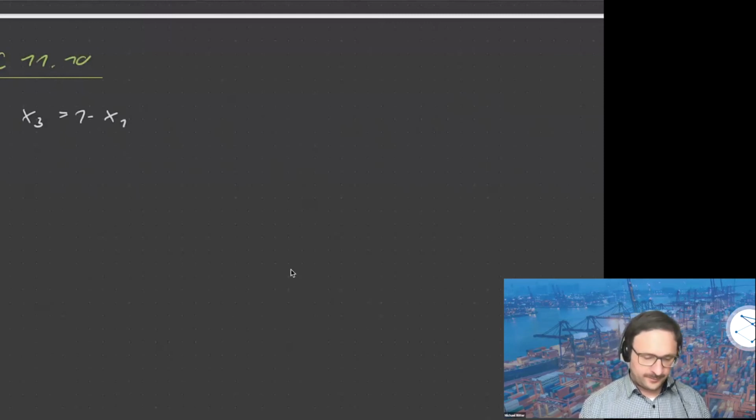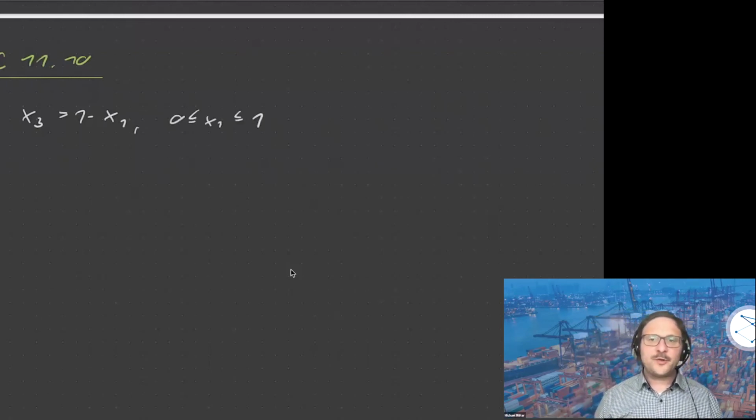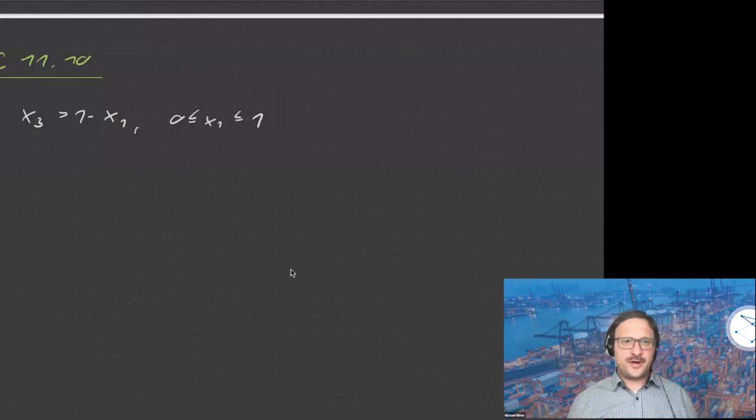So the problem statement says, consider the curve given by x3 equals 1 minus x1 for x1 between 0 and 1. And then compute the volume of the three-dimensional body that arises by rotating this curve around the x3 axis. So let's have a look at how this is supposed to work.